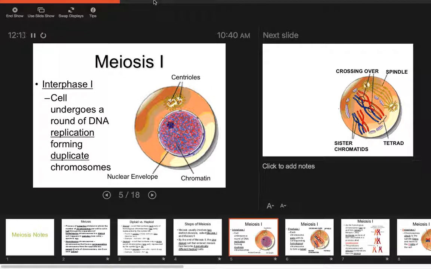Here's the original cell entering, and here would be interphase. So these chromosomes doubled. They're still joined together, but they doubled up. So now there's 1, 2 chromosomes. Now there's 1, 2, 3, 4 total chromosomes.